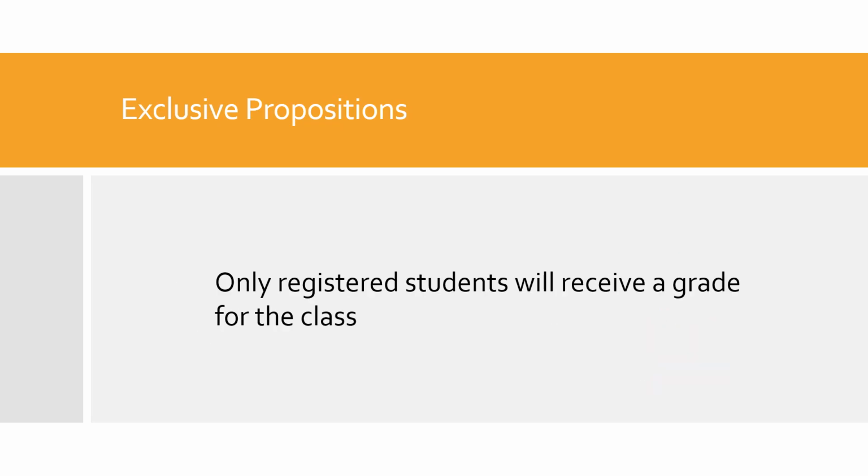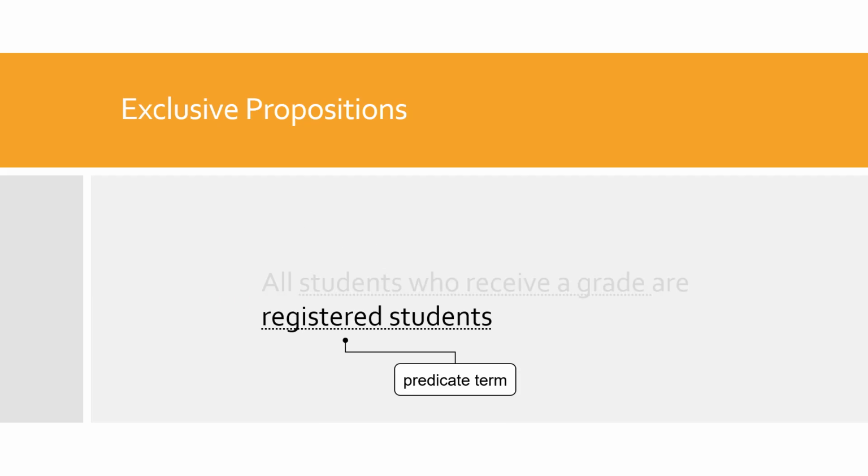Let's take an example. Only registered students will receive a grade for this class. Notice we have an exclusive proposition, only X, and what immediately follows it is registered students. And that means that registered students are in fact the predicate, and they go to the end. Now, the easiest way to deal with these is to frankly just start at the end. Since we know registered students has to be the predicate, just stick it at the end of your claim, and then just start working through the problem backwards.